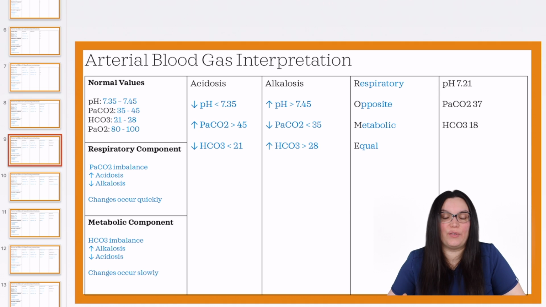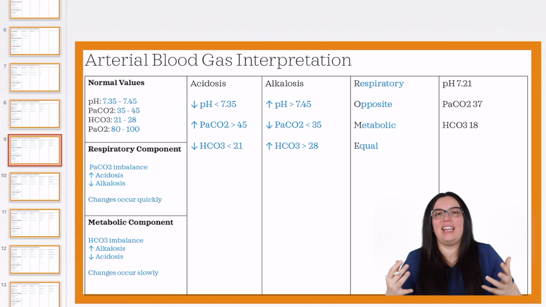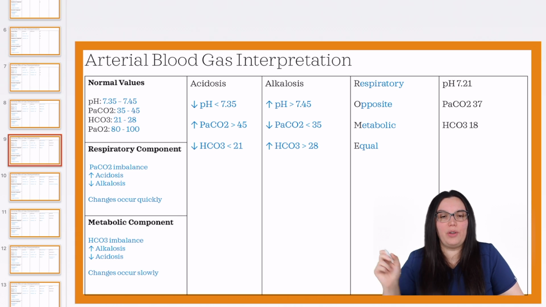So let's take a look at our first example. We have a pH of 7.21, a PaCO2 of 37, and an HCO3 of 18. So we begin always by looking at our pH, where our normal is 7.35 to 7.45.